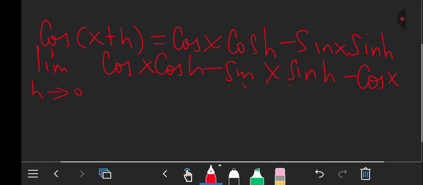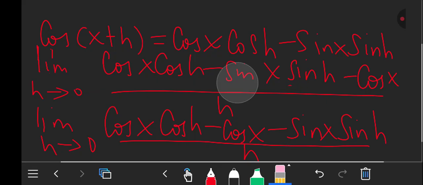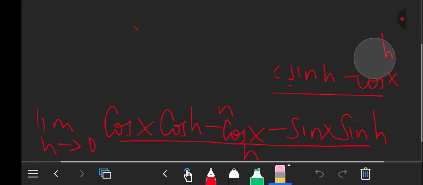You see, I can collect also the like terms here. Cos x, there's a like term which is cos x there, so I can say limit as h approaches 0, cos x, cos h, minus cos x, then minus sin x, sin h, over h. Okay, then I can get rid of this.